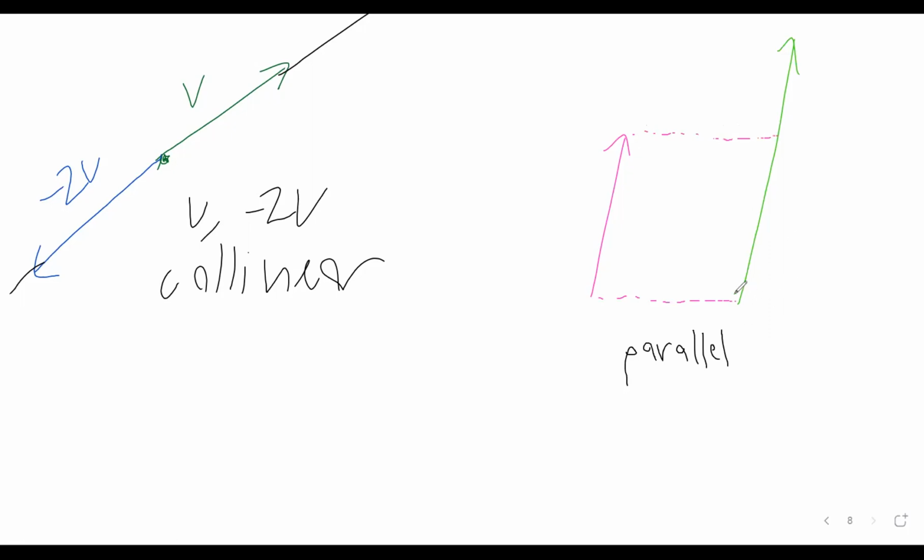So this vector is still the same vector. Now I move the pink vector over there and they're collinear. They're on the same line. So parallel implies collinear.